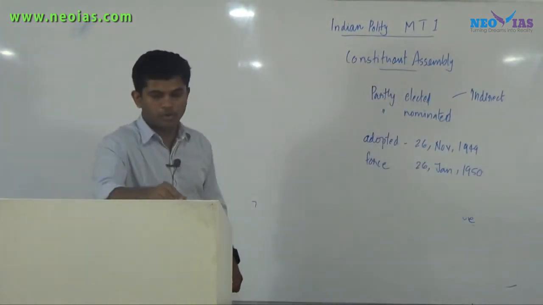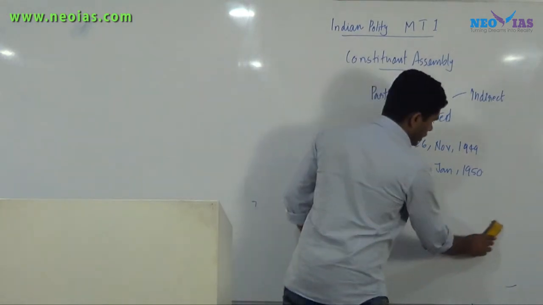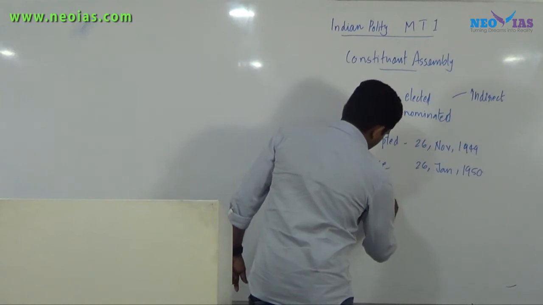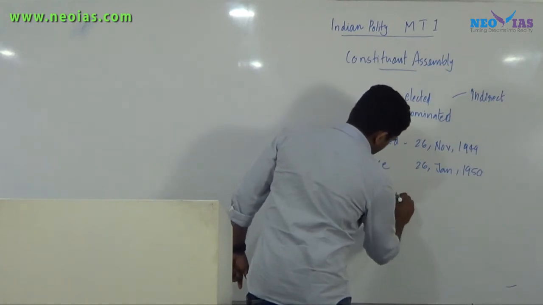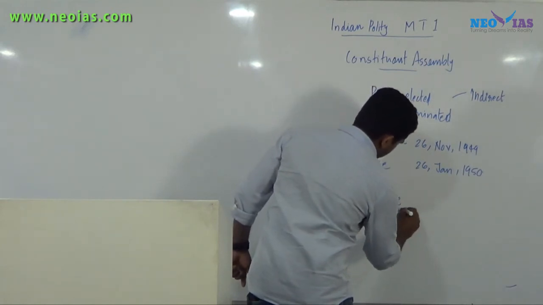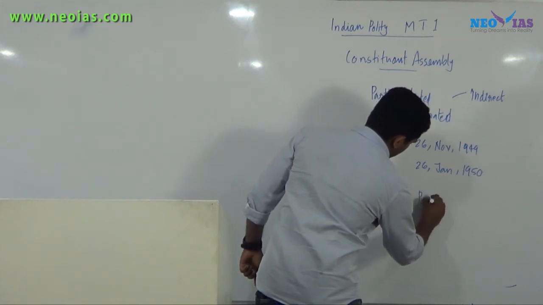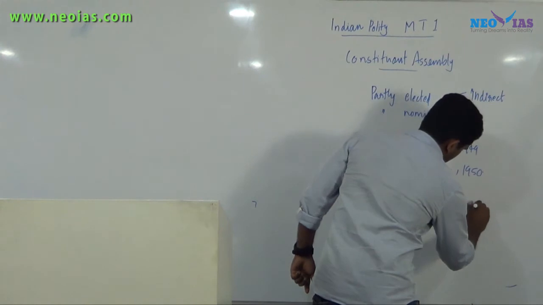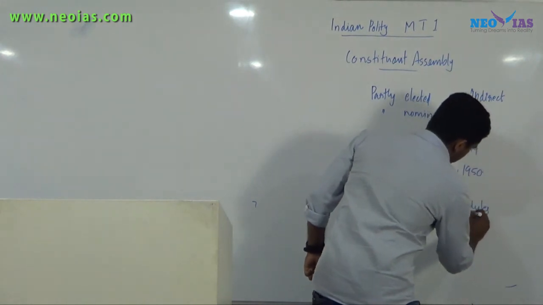When the Constitution came into force, it had 395 articles, 22 parts and 8 schedules.